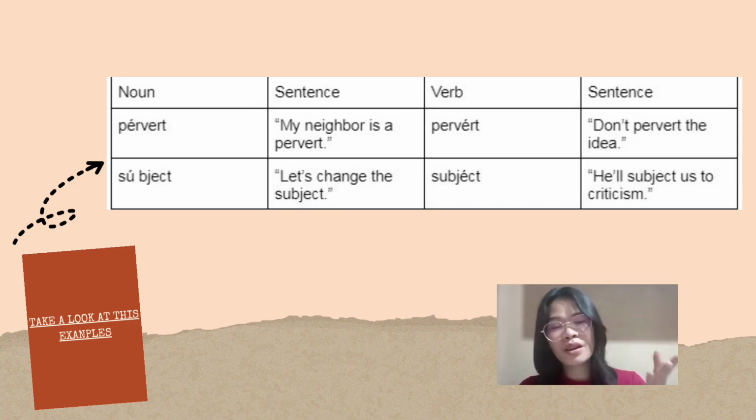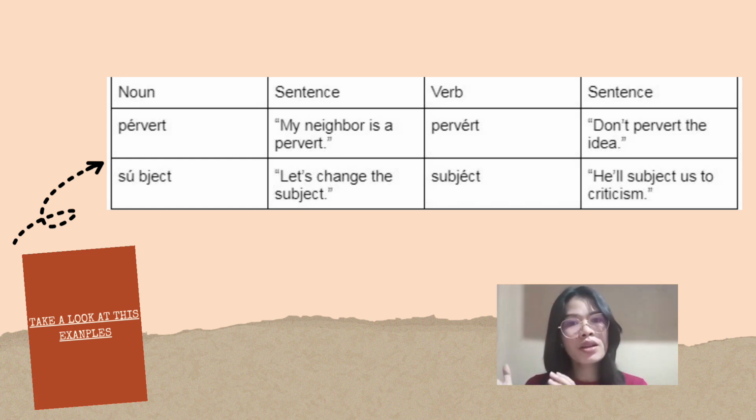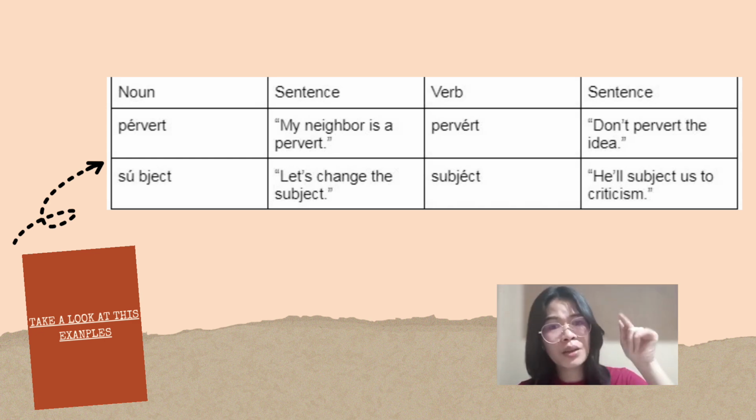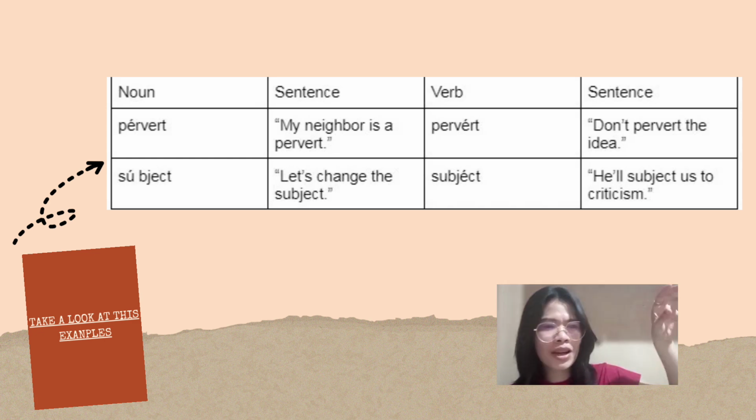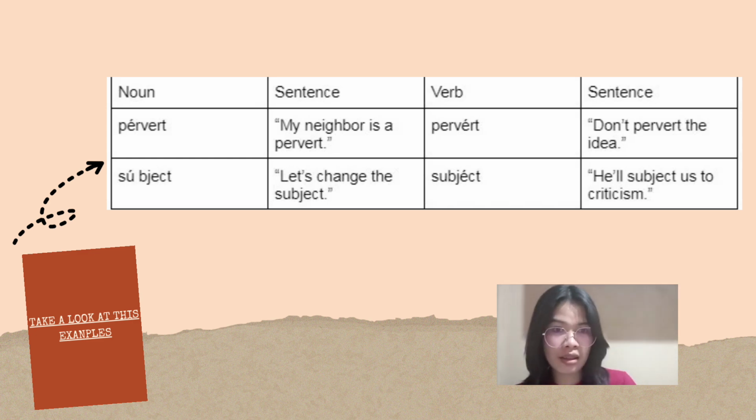So here on the table are examples of stress in words in English. So we do have nouns and verbs. On the noun part, you will see that the acute accent on nouns is marked on the first syllable, like pervert, subject.